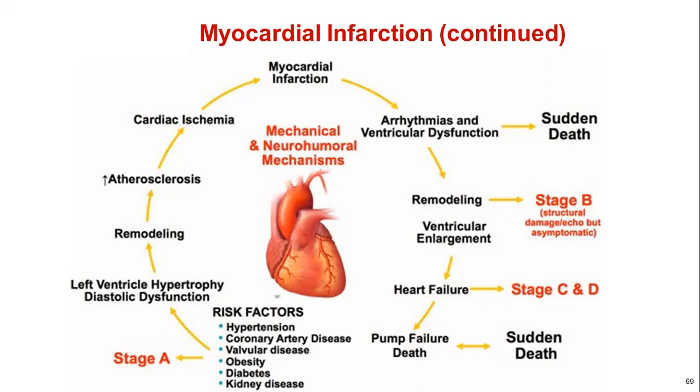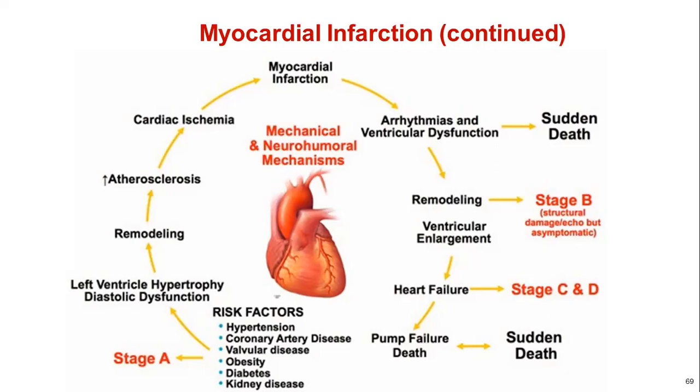And always our body tries to compensate, and this is called remodeling. But when the body tries to compensate, some changes occur. And also another risk factor, atherosclerosis occurs and narrows the artery.